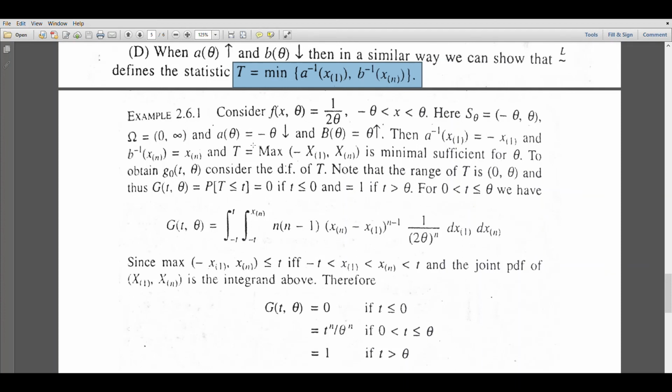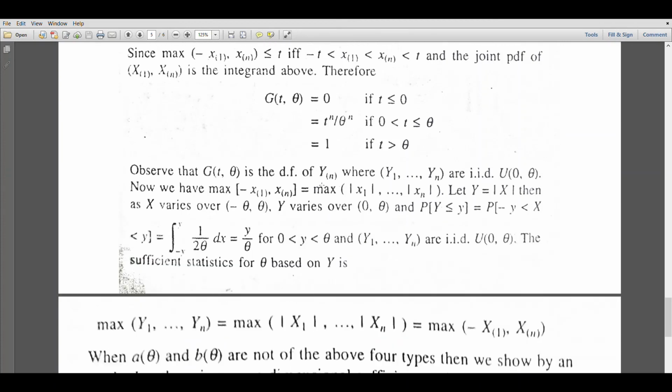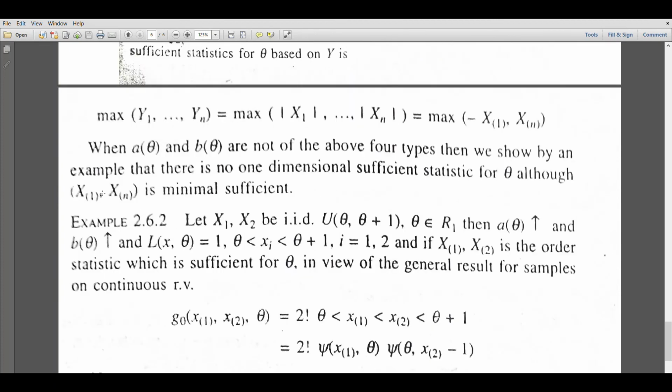Then, using the above result, the minimal sufficient statistic will be capital T equal to the maximum of minus x1 comma xn, which is the minimal sufficient statistic for theta. Or x1 comma xn is also minimal sufficient for theta.